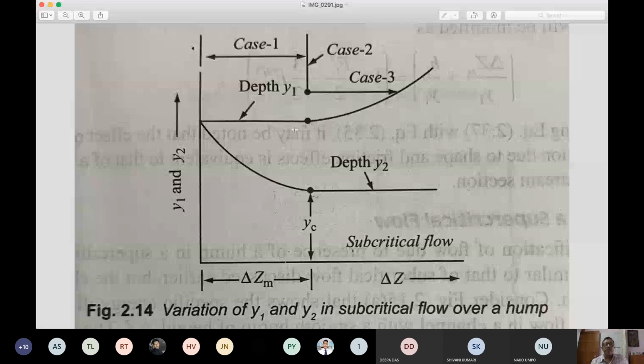You can see the horizontal line, parallel to the x-axis, whereas the downstream depth Y2 is falling continuously, and from Y1 it falls exactly up to Yc when delta Z is equal to delta Zm.